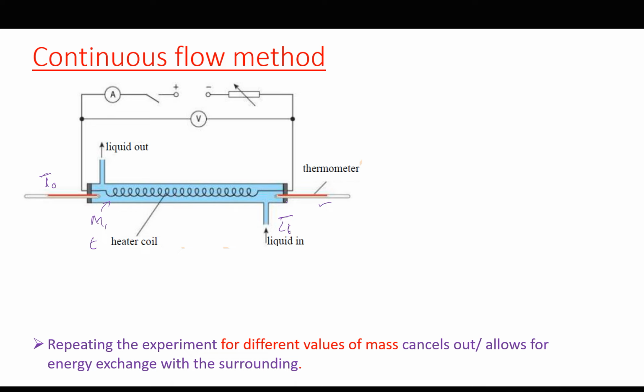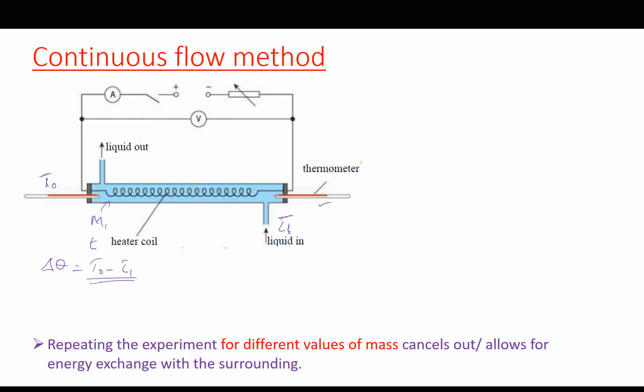So the flow rate and the electrical power can now be adjusted. So we are going to control the flow rate. Because we want to have the same temperature difference, delta theta equal to T0 minus Ti every time.